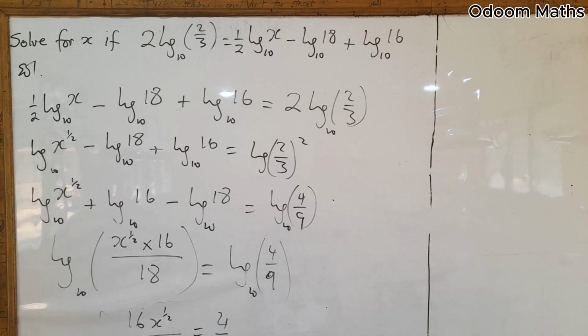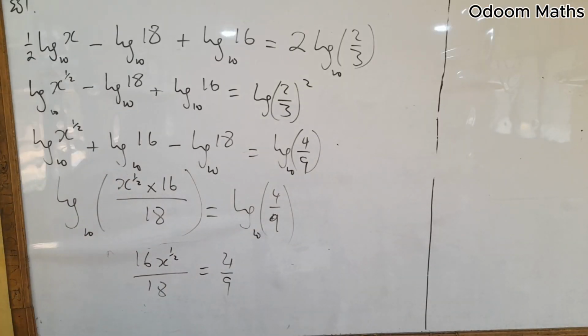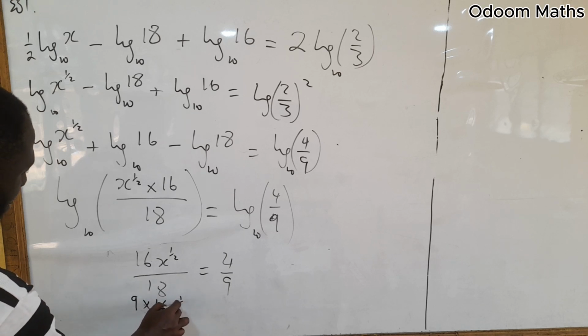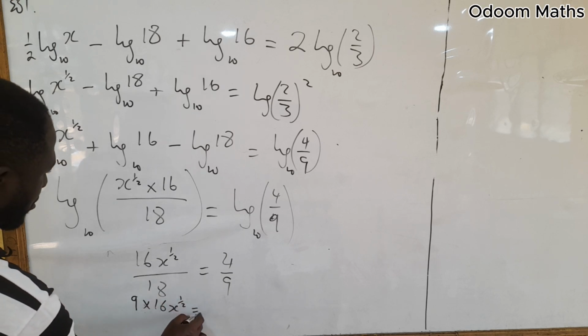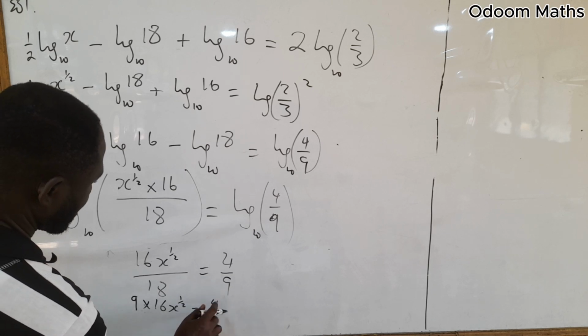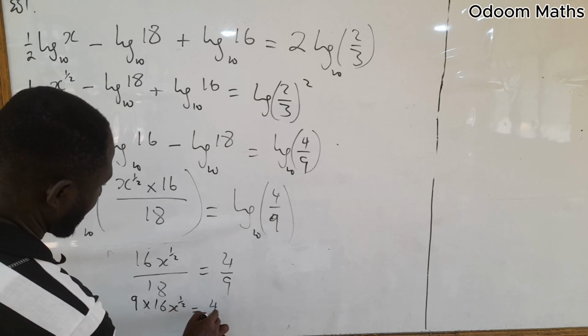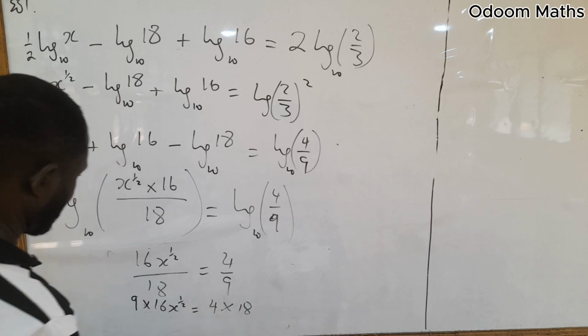Okay, so we can do cross multiplication here. So we can say that this multiplying, that is 9 times 16 x to the power half equals 4 times 18. Okay.